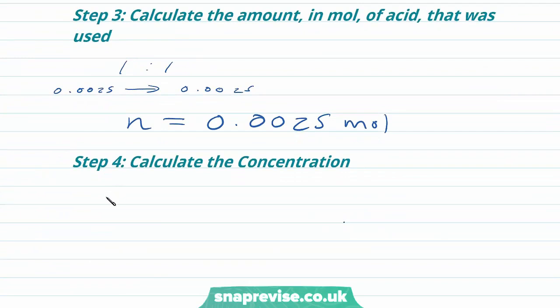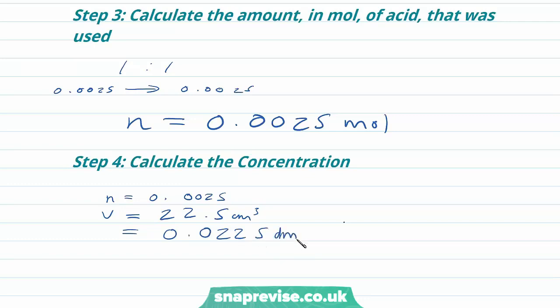So now to calculate the concentration. Again, write down what we know. We know the number of moles is equal to 0.0025. We know that the volume of our acid used was 22.5 centimetres cubed. That was given to us in the question. That is equal to 0.0225 decimetres cubed. Now if we look at our equation pyramid, the number of moles is equal to the concentration times by the volume.